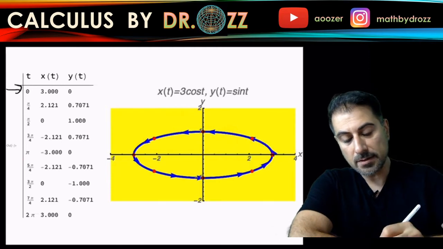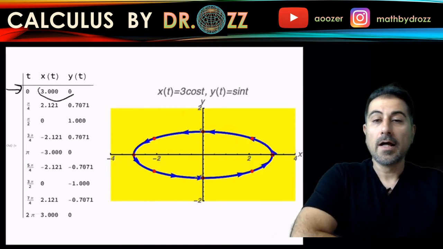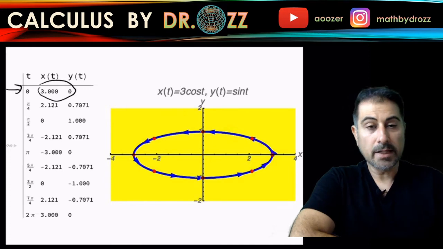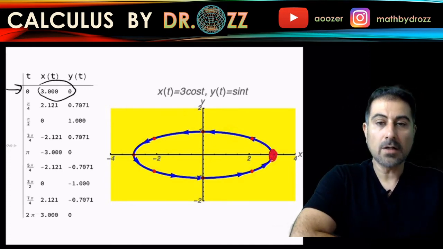So you get the coordinates of the point to be 3 and 0. That means I'm starting right at the right corner here. This is my starting point based on the choice of t I have here.